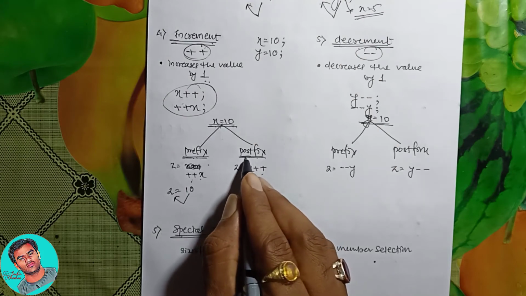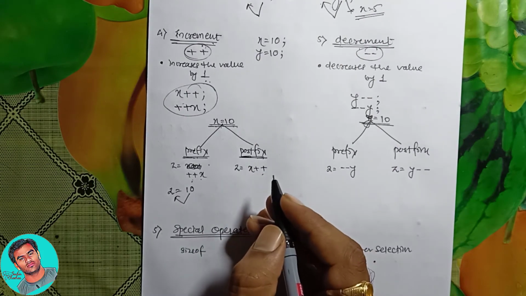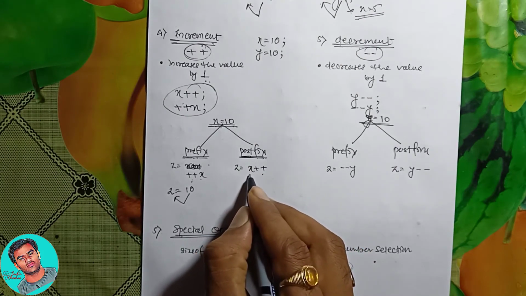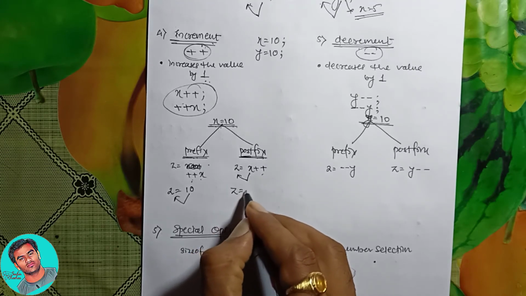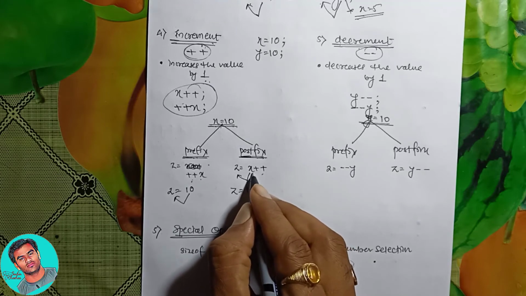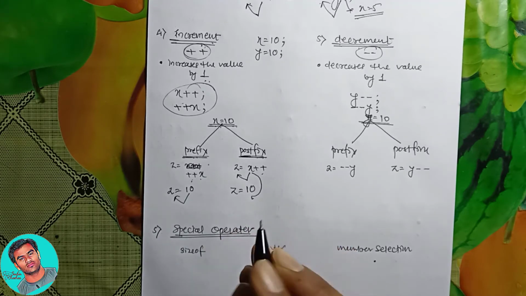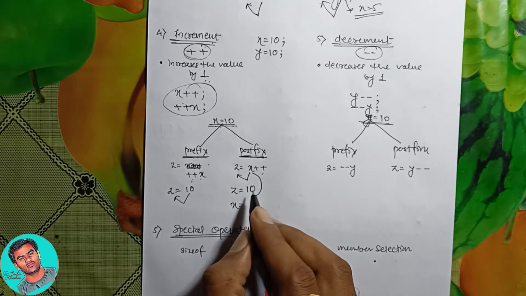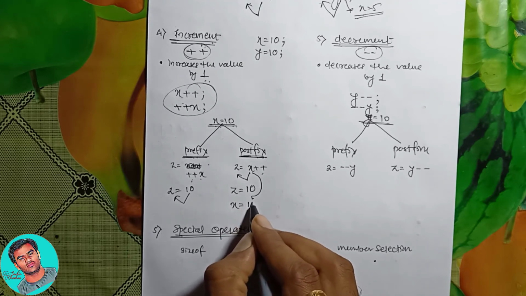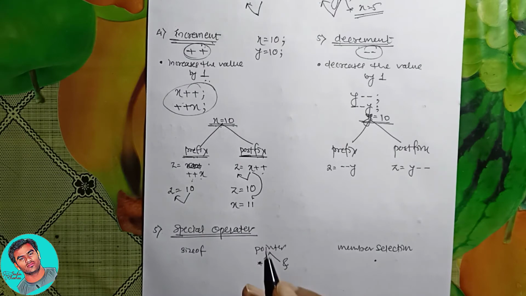But when there is a postfix statement, firstly the value of x gets transferred to z, so z becomes 10, and after this the value of x is incremented by 1, and the value becomes 11 now, okay. So this is the difference here.